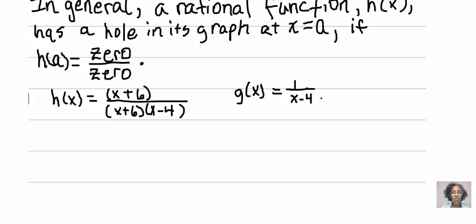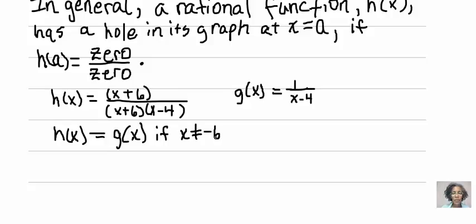Now remember, these two functions equal each other, so h of x equals g of x if x is not negative 6. So remember, we said x plus 6 can't be 0. Well, x plus 6 is not 0 if x is not negative 6.